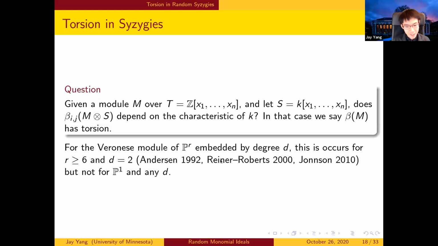But on the other hand, if you look just at P^1, then for any d, there's no torsion because the Eagon-Northcott complex actually doesn't depend on characteristic. And so that always resolves it, and that gives you your Betti tables independent of characteristic. As far as we can tell, outside of these two cases for Veronese modules, nothing is known about the characteristic dependence.